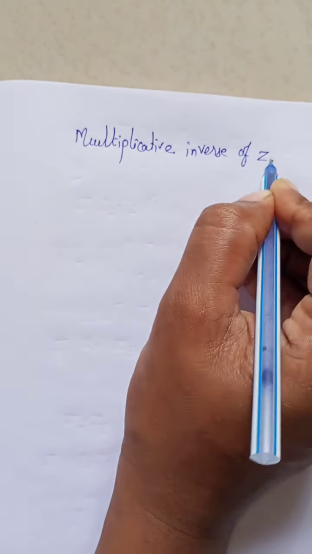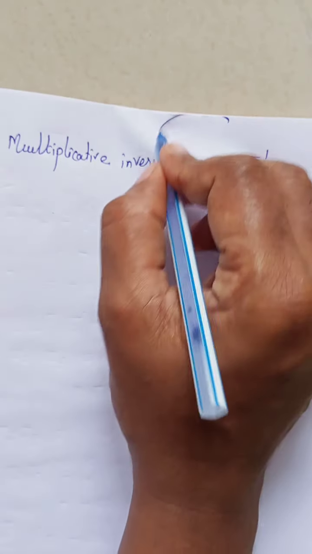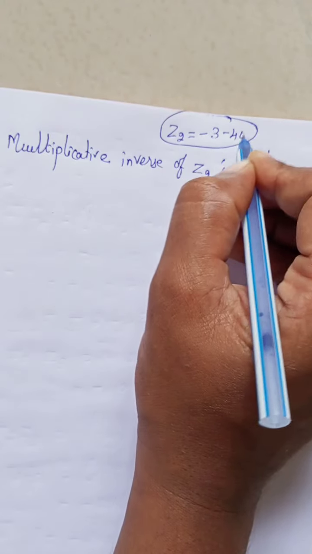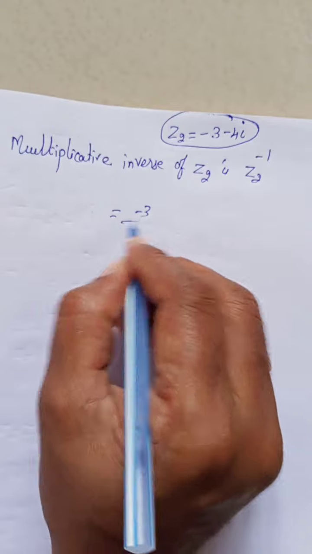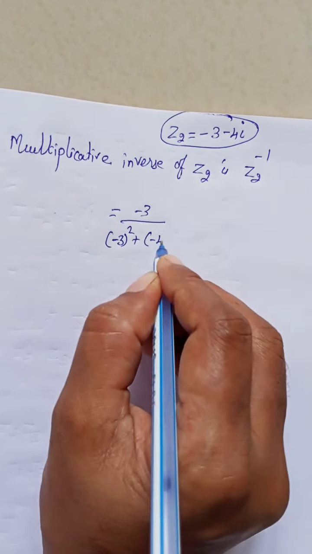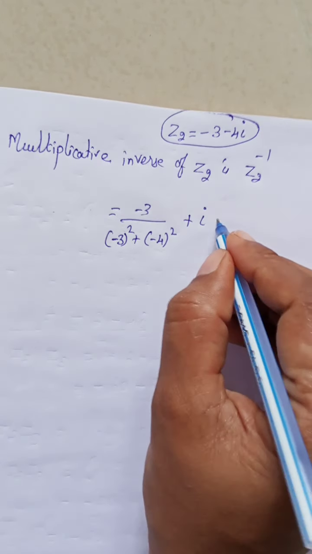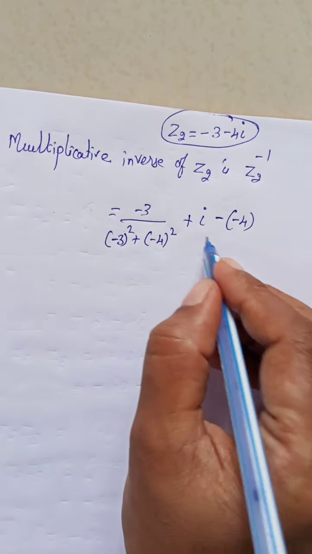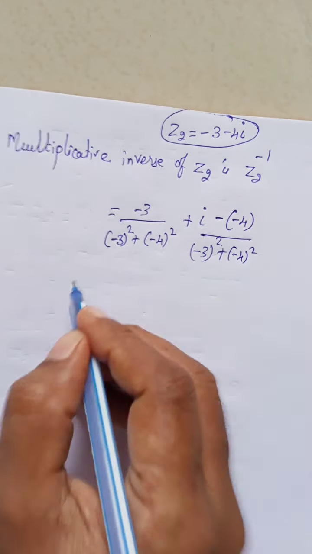The multiplicative inverse of Z2 is Z2 inverse. Z2 in the question is given as minus 3 minus 4i. Shall we use the formula? x by x square plus y square: minus 3 by minus 3 the whole square plus minus 4 the whole square, plus i into minus y. Here the value of y is minus 4, divided by minus 3 the whole square plus minus 4 the whole square.